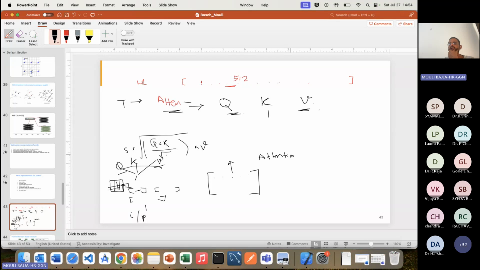Let's say we are using 8 attention layers. The matrix is broken into pieces, just for visual purposes, and each piece goes through one attention layer. An attention layer will have this relationship, query, key, and value, and whatever you get as an output, they are all brought together.